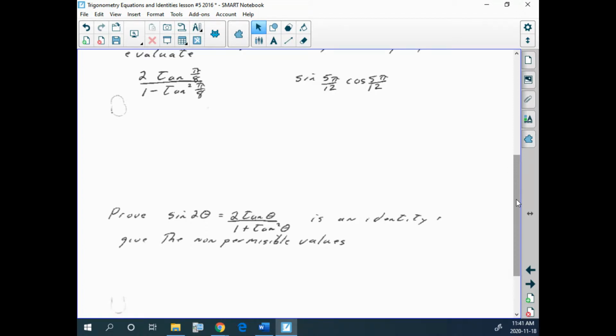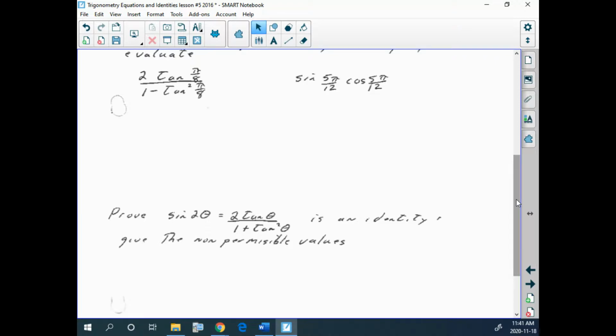And this here will be two. You have an identity for one plus tangent squared. So instead of having to add things like that, we simplify that first. Don't put that two on block.